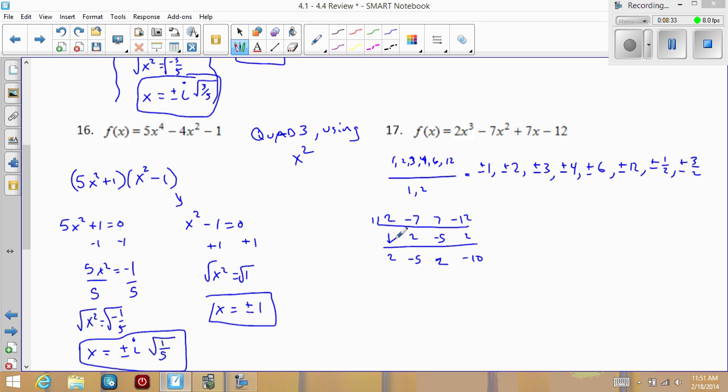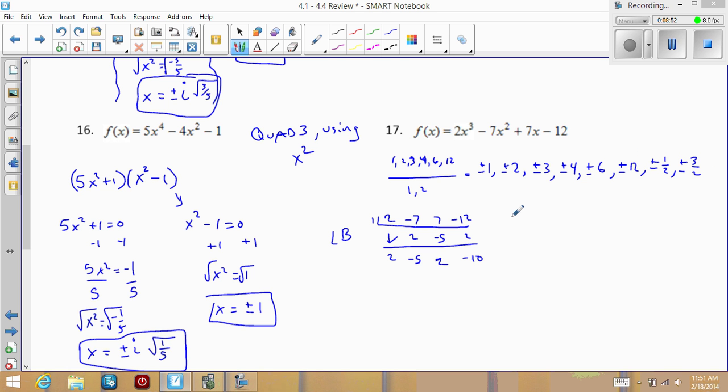All right, it wasn't a 0, but when I look at my outcome, I got positive, negative, positive, negative. That means this is a lower bound. So that means I don't want to try positive 1/2 or any negative numbers.